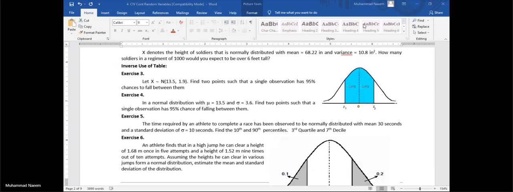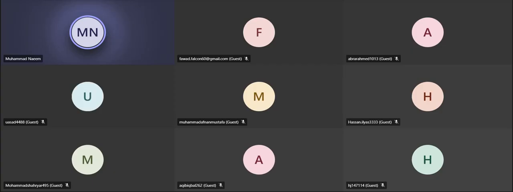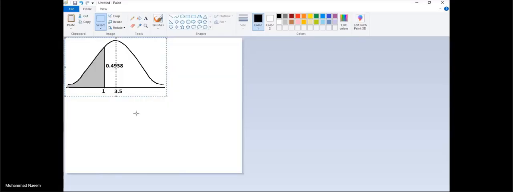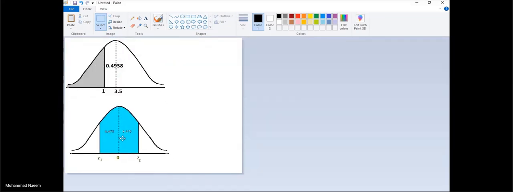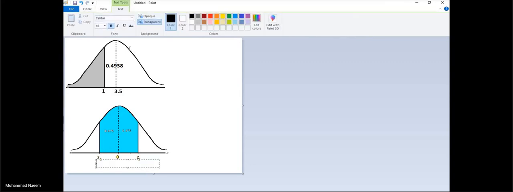Look at the diagram. Here, this point is 1.96.